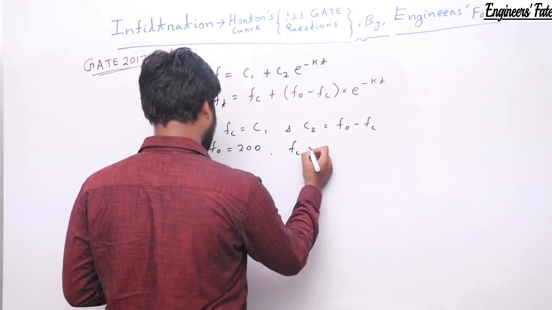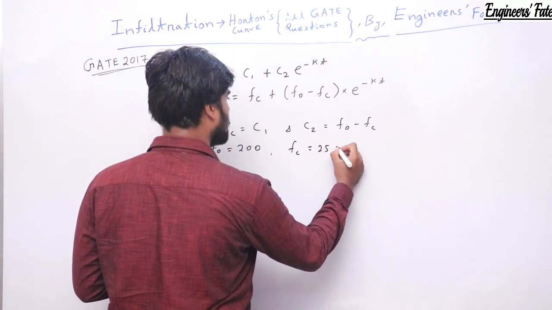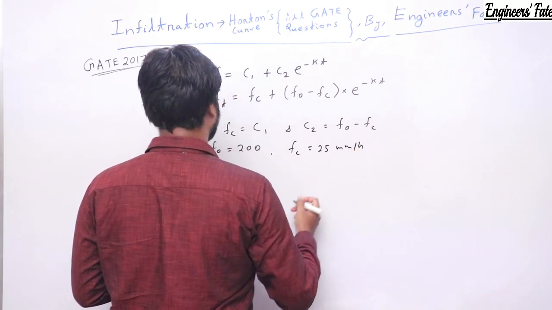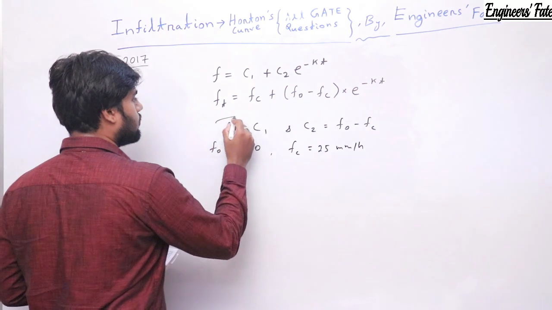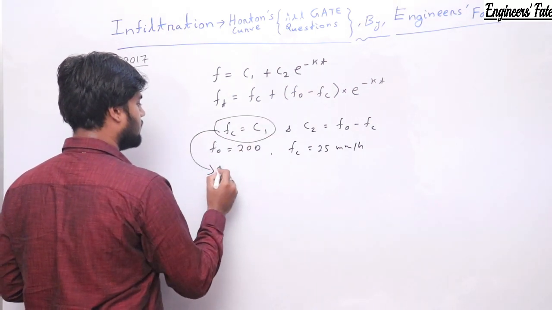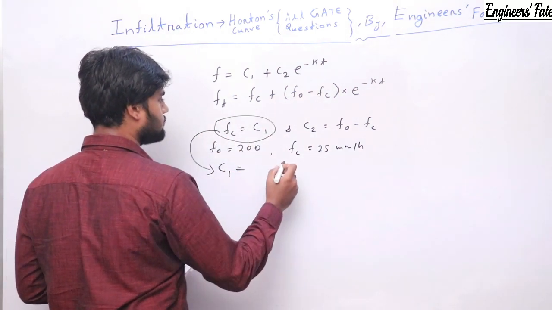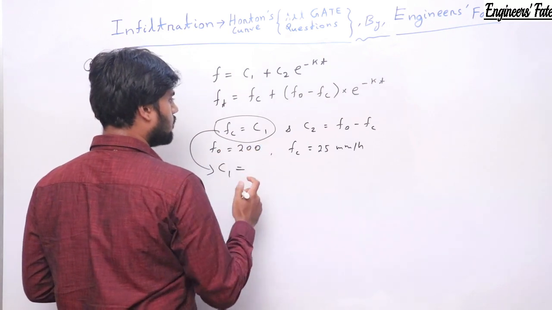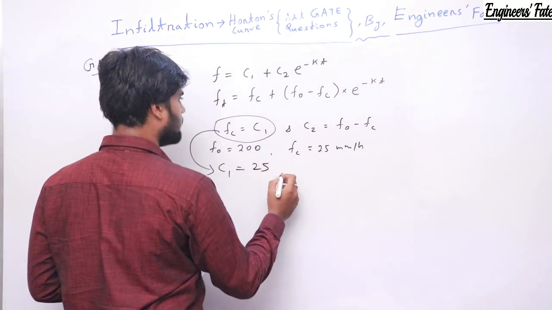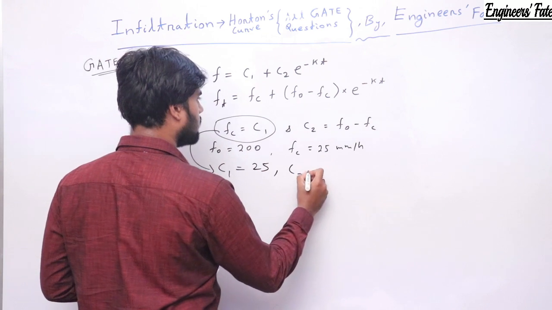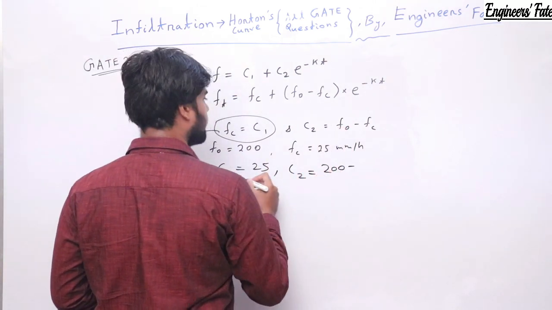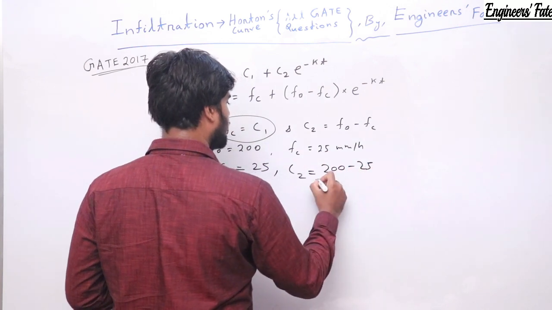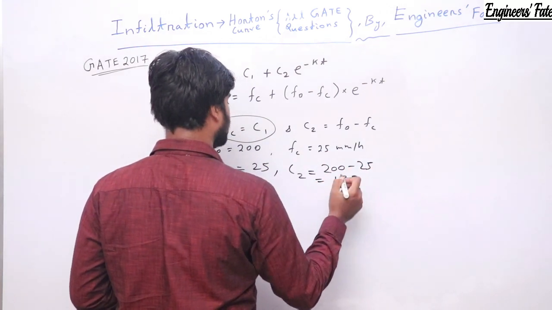Fc he has given as 25 mm per hour. So I can write that C1 equal to Fc, that is 25, and C2 equal to F naught, 200, minus Fc, 25, that is 175.